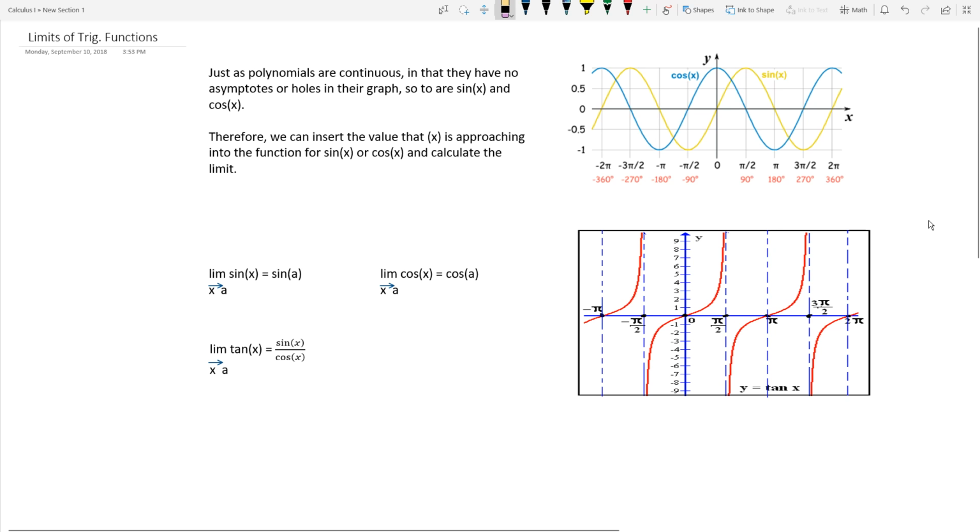The difference with tangent, as you can see, I have another chart here that shows where tangent has its asymptotes, which is at pi over 2, at 3 pi over 2, and continues on from there. So we can say that tangent is essentially sine x over cosine x, but we would have to say that cosine of x cannot equal 0.